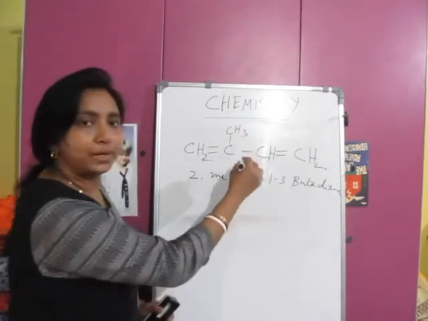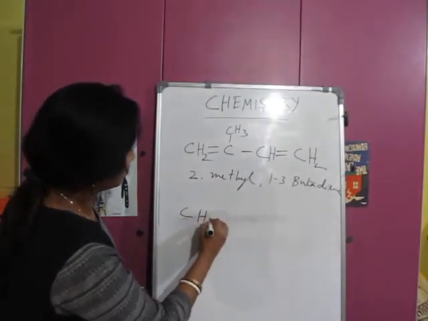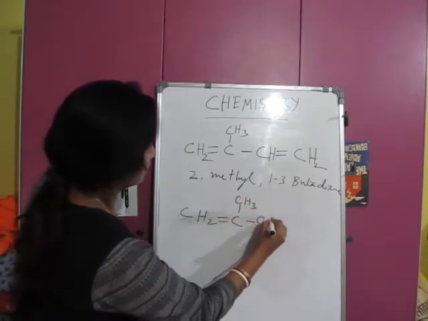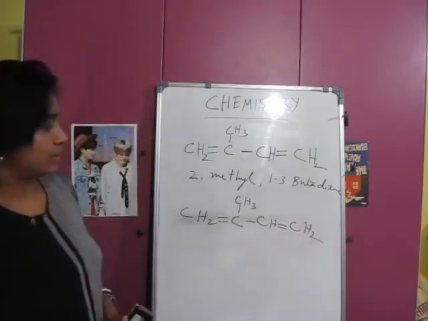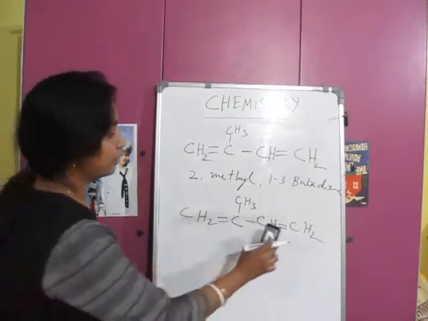Now what will be the repeating unit? First I will write the same thing. Now, as I have told you, remove the double bond.